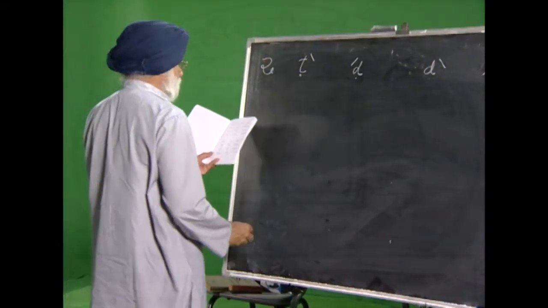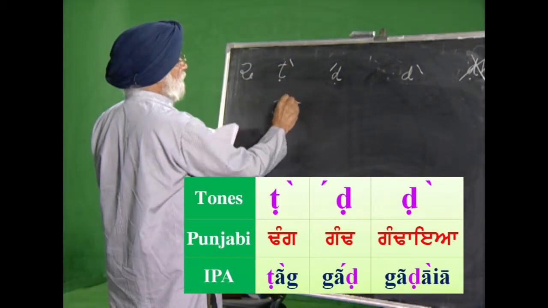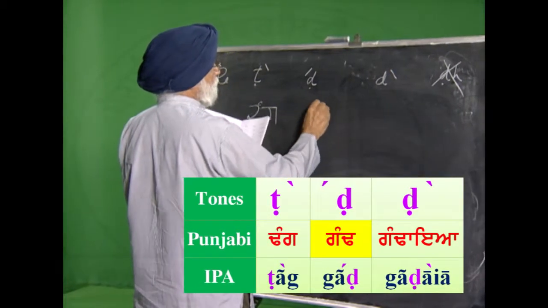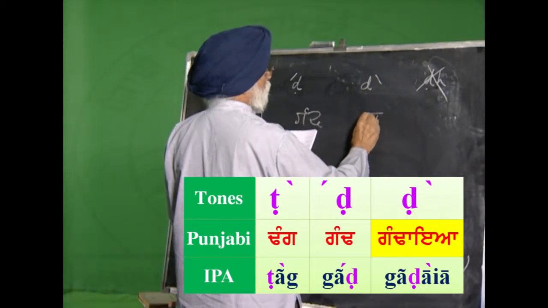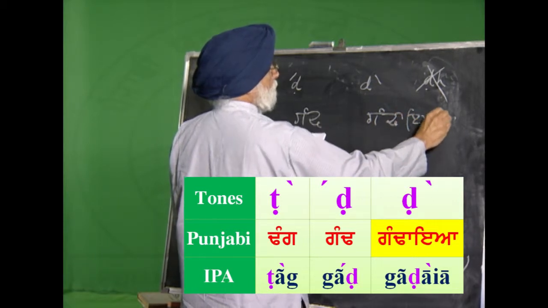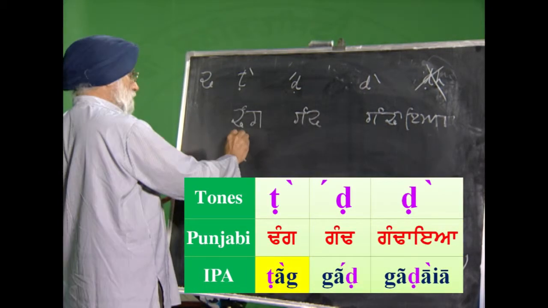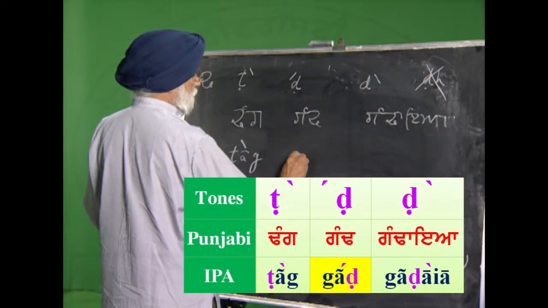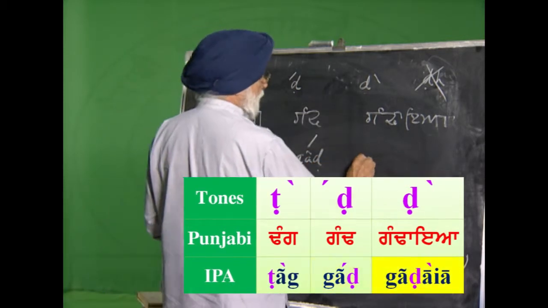Then you have another word, the last word in this series, tongue, gand, and gandaya. See, this is tongue, gand, and gandaya.